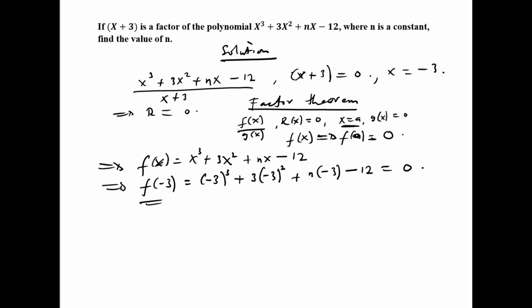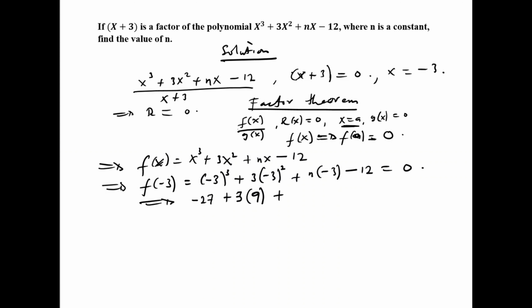Now minus 3 raised to the power of 3 would be minus 3 multiplied by minus 3 multiplied by minus 3, which is minus 27. Then plus 3 times minus 3 raised to the power of 2; minus 3 times minus 3 is plus 9.